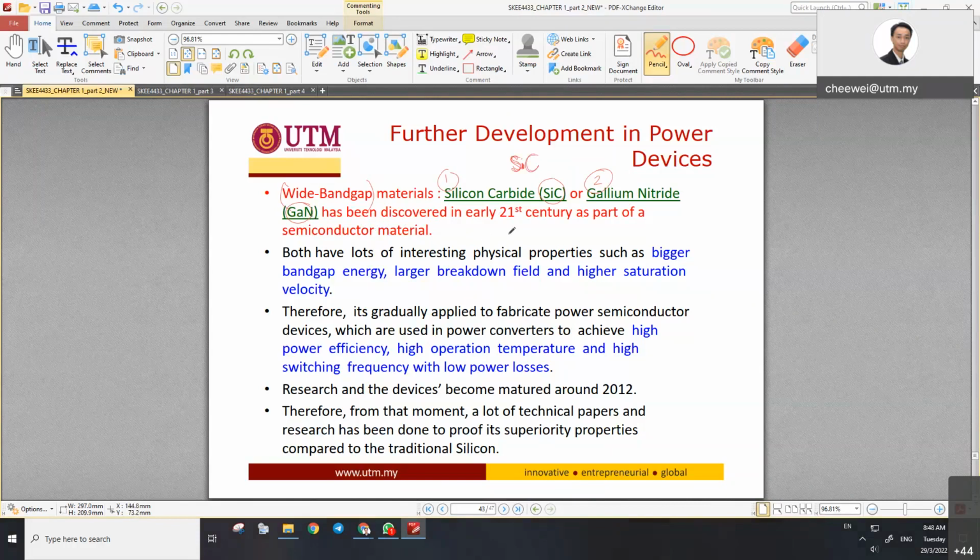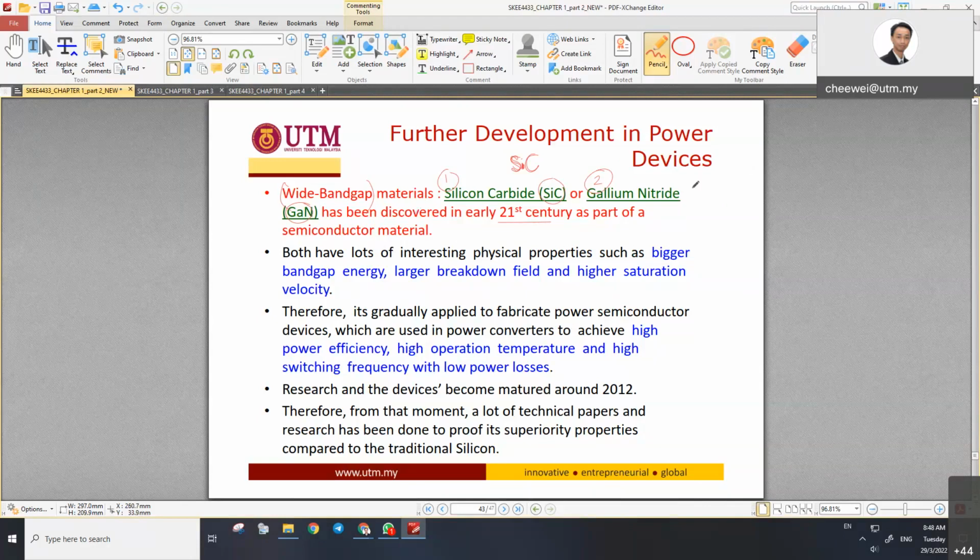When they were discovered in the early 21st century as part of the semiconductor device, semiconductor material. When we say semiconductor, if you still remember in your power electronic devices, you learn about the band gaps. You have the conducting band, you have the insulating band, and then you have the band gap.